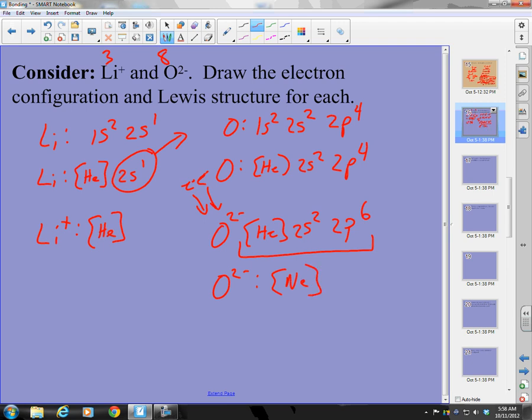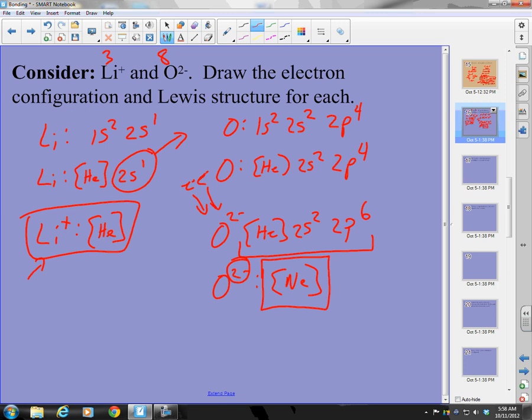Notice what's happened. When lithium became +1, it lost an electron and it now has a noble gas electron configuration. When oxygen gains 2 electrons, it also has a noble gas electron configuration, right? So that means these are gaining stability by gaining these noble gas configurations. Good, so that's the first thing.